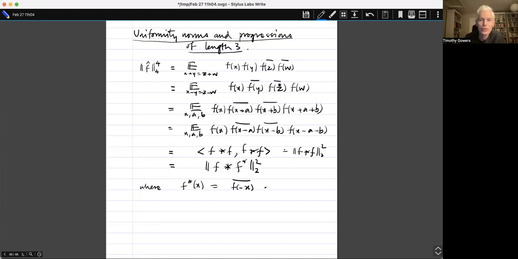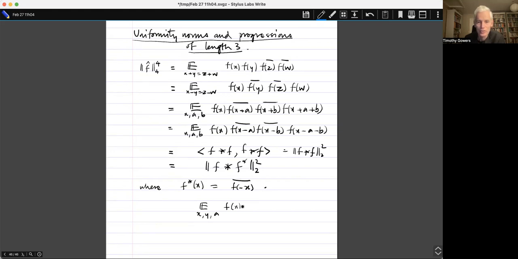But if you just look at this expression here, or perhaps this one here, okay, well, I'll just write one more expression. So this thing here could also be written as the average over x, y, and a. So I'm going to substitute y as x minus b.